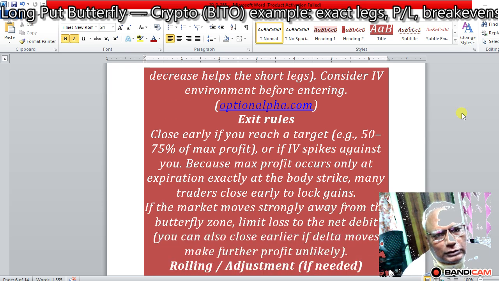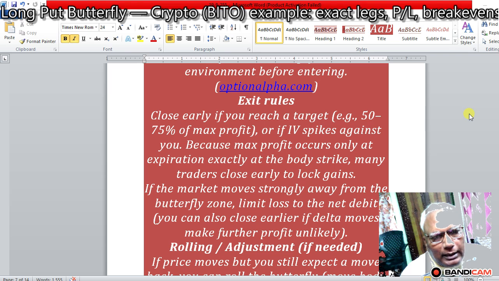Exit rules. Close early if you reach a target, e.g. 50 to 75 percent of maximum profit, or if volatility spikes against you, because maximum profit occurs only at expiration, exactly at the body.